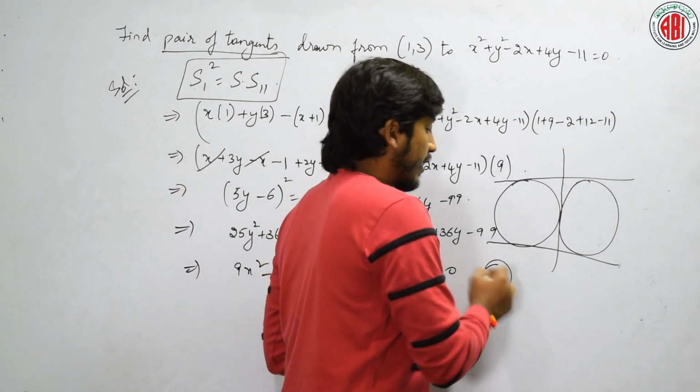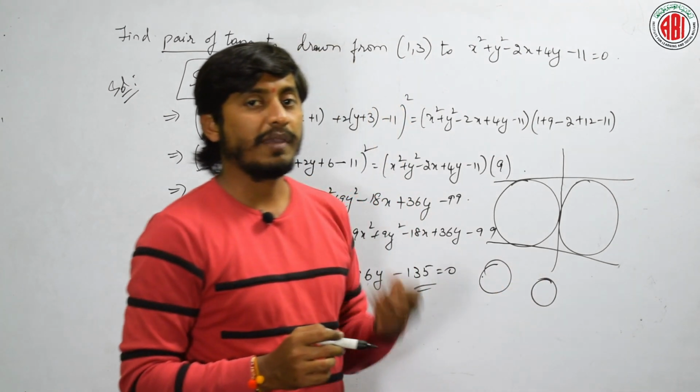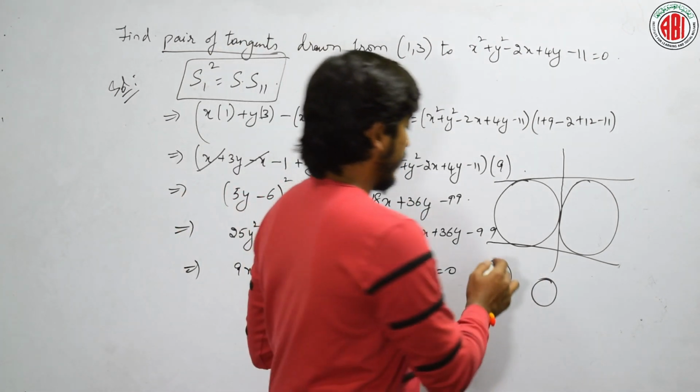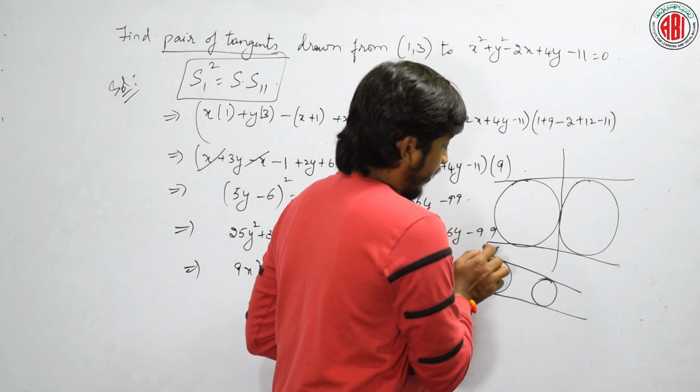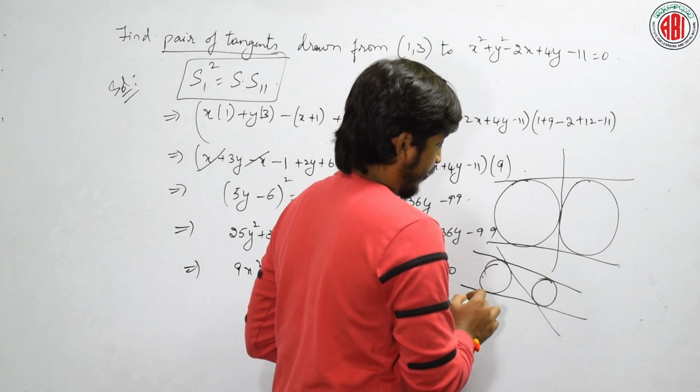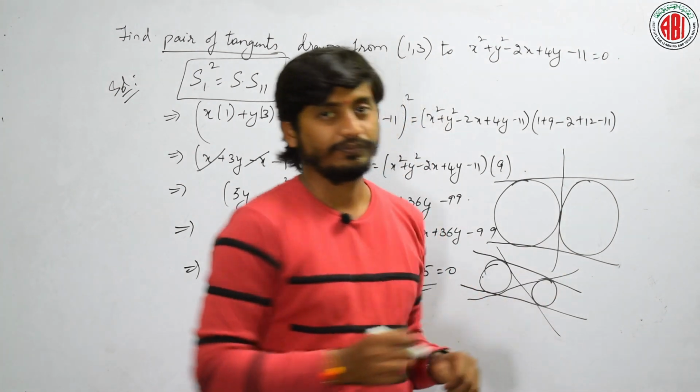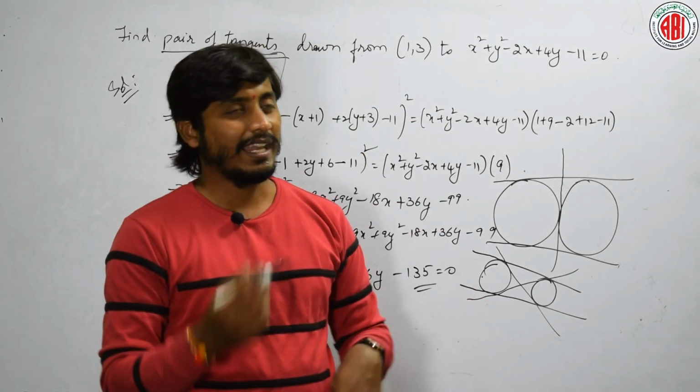What if the two circles are not touching each other? They may have 4 tangents, like this 1, 2, and we can have this kind of tangents also, 3 and 4, yes or no, and we can have many other cases.